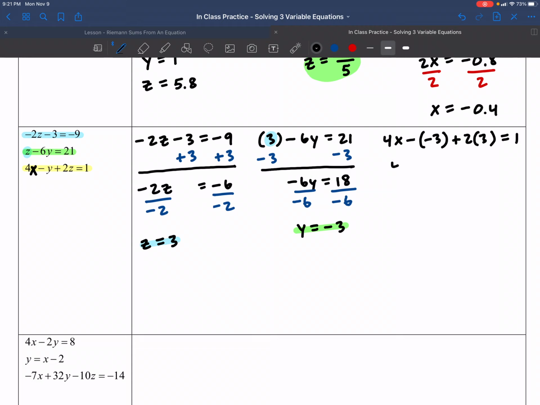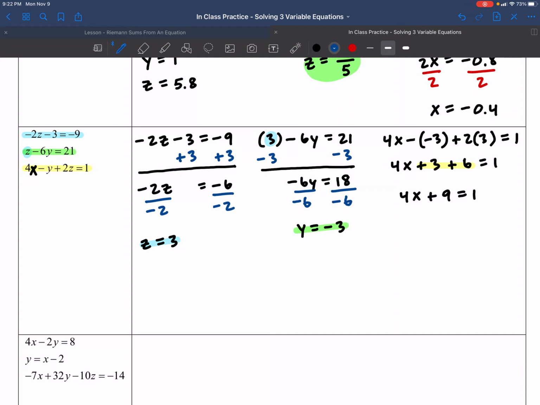So 4x plus 3, because I have 2 negatives, plus 6 equals 1. Combining like terms, I have 4x plus 9 equals 1.